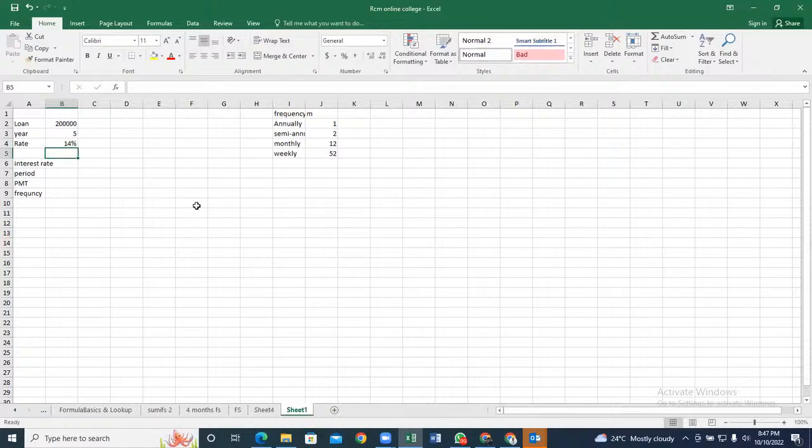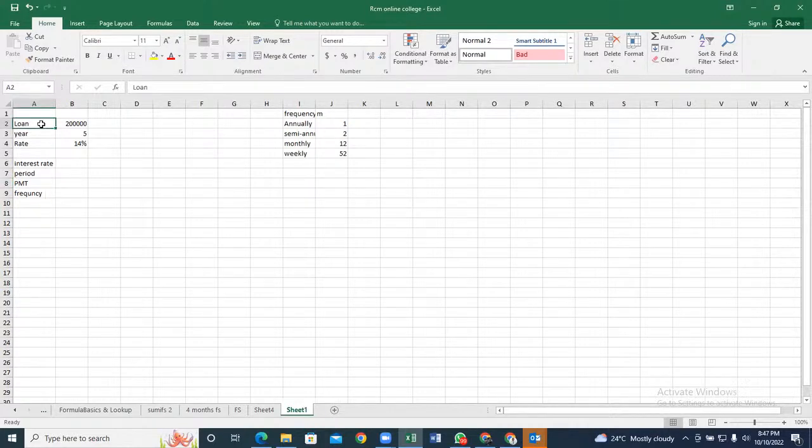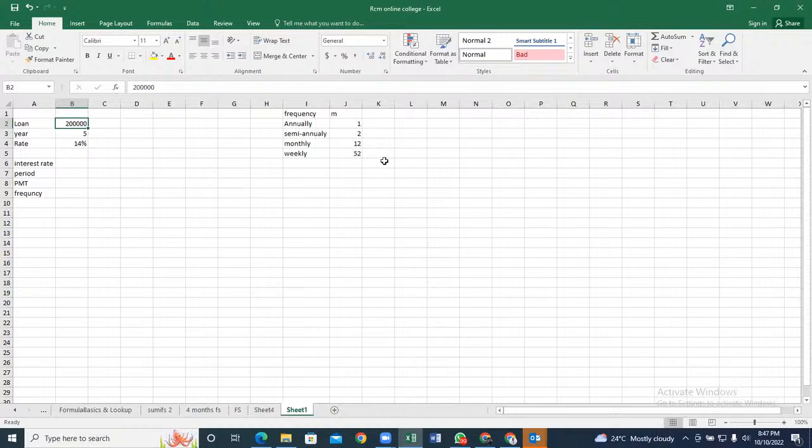These values do not have any formula. Remember these ones here we are typing manually. Are we all having this on our screens?